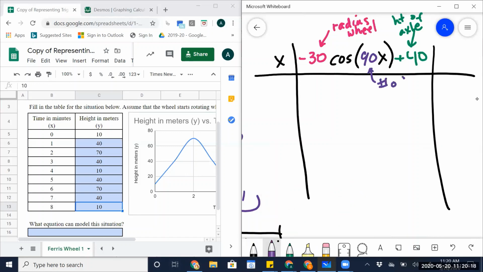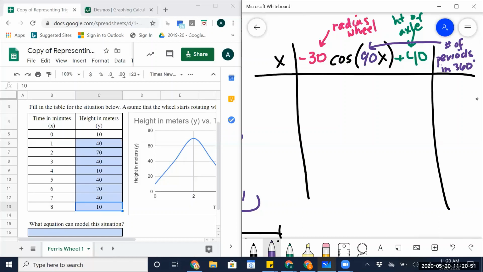So 90 is the number of cycles, or I should use the word periods, in 360 degrees.